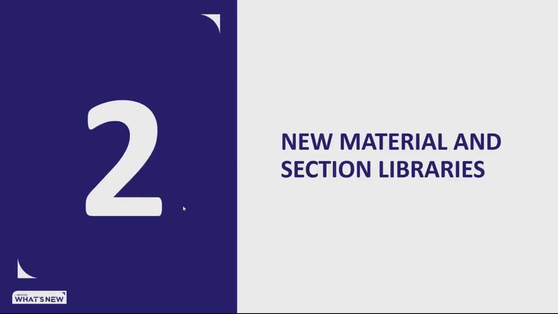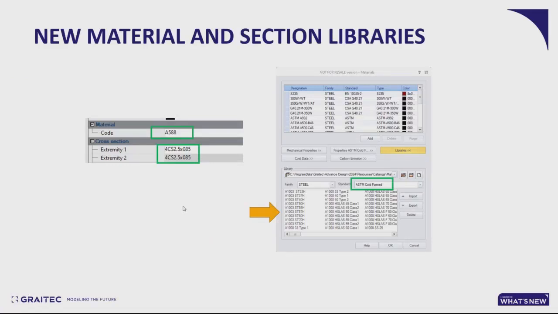We have also updated our libraries for material and sections for cold form sections. If I go to the next slide, you will see that in the properties of the member, you have the option to define any type of cold form material and all of the standard cold form sections.